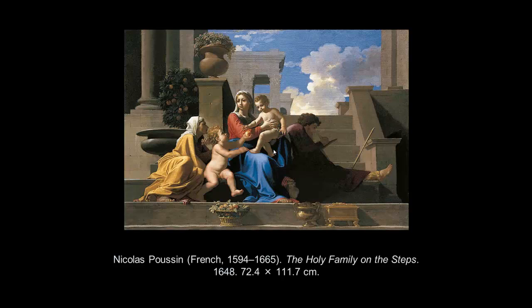This painting here by Poussin, the Holy Family on the Steps, combines both symmetrical and asymmetrical elements. Symmetrical are the figures. We have this very stable symmetrical pyramid that is created by the figures, and triangles are typically very balanced and stable.